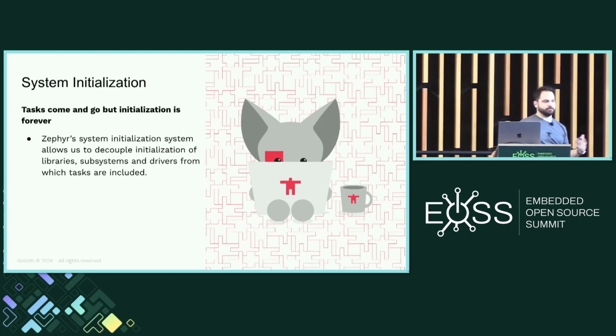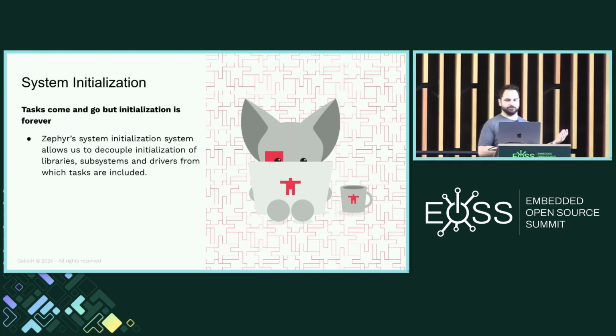By the time all of your tasks run, they're all ready to run, and they're all able to leverage the full capabilities of your system. And again, this is important because if you remove a task or add a task, you could be changing your initialization, which could cause complexities when you're building the various products on your one code base.